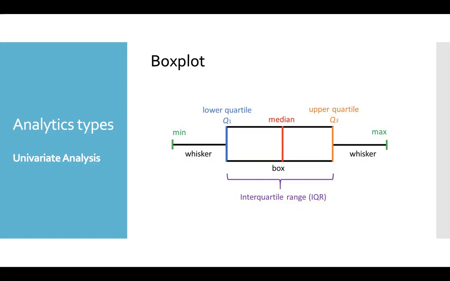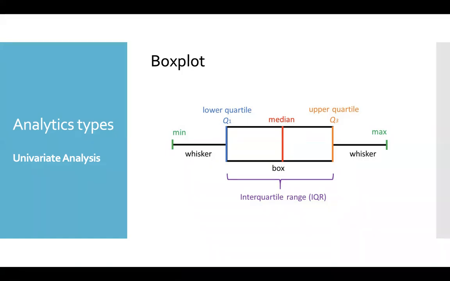So you have several points. You have the minimum point, you have Q1, you have the median, Q3, and max. Now the box area is called the box of this box plot, and the area which is represented in line is called the whisker.